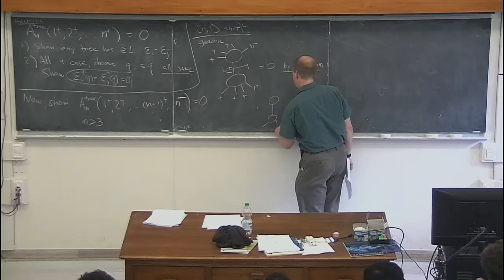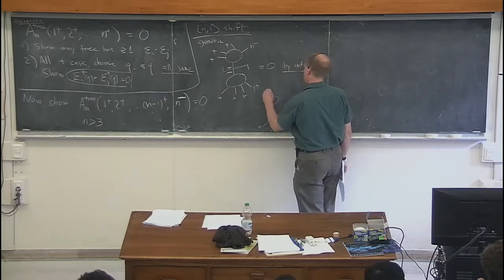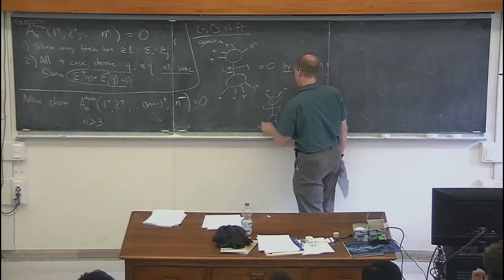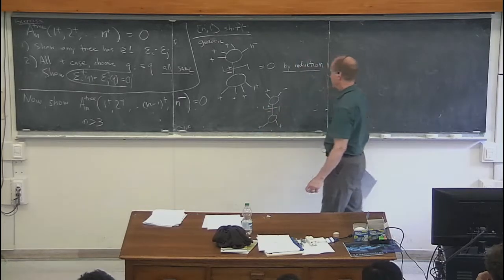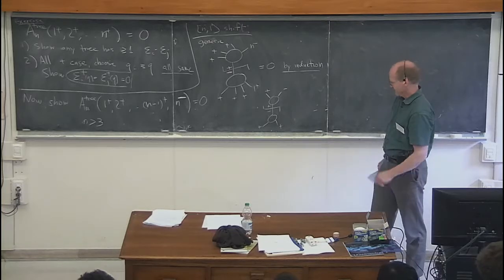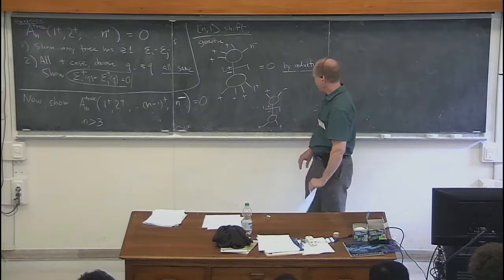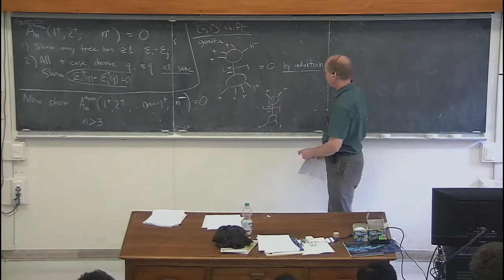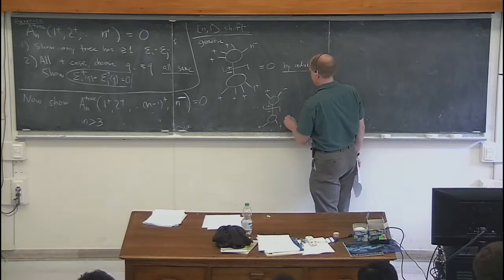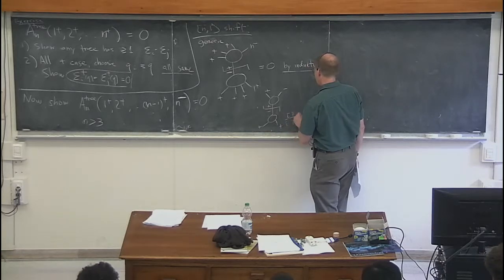So we have plus, plus, plus, minus. Let's see if I can get this to work. There's a slight glitch where you have to look at this a little more carefully. What you find is that this has square brackets, and it's okay.